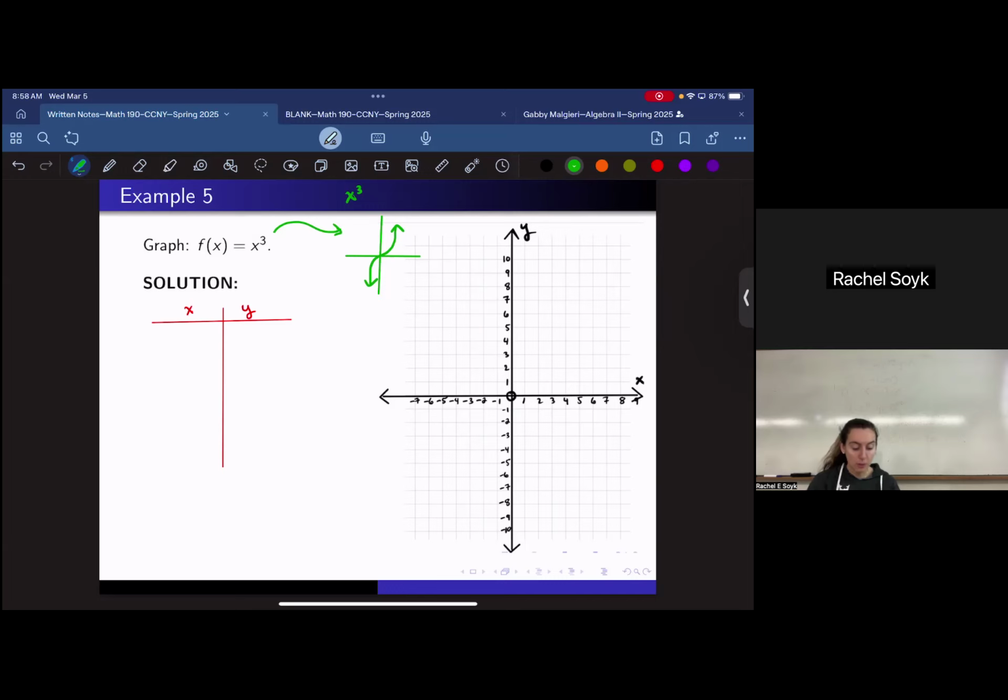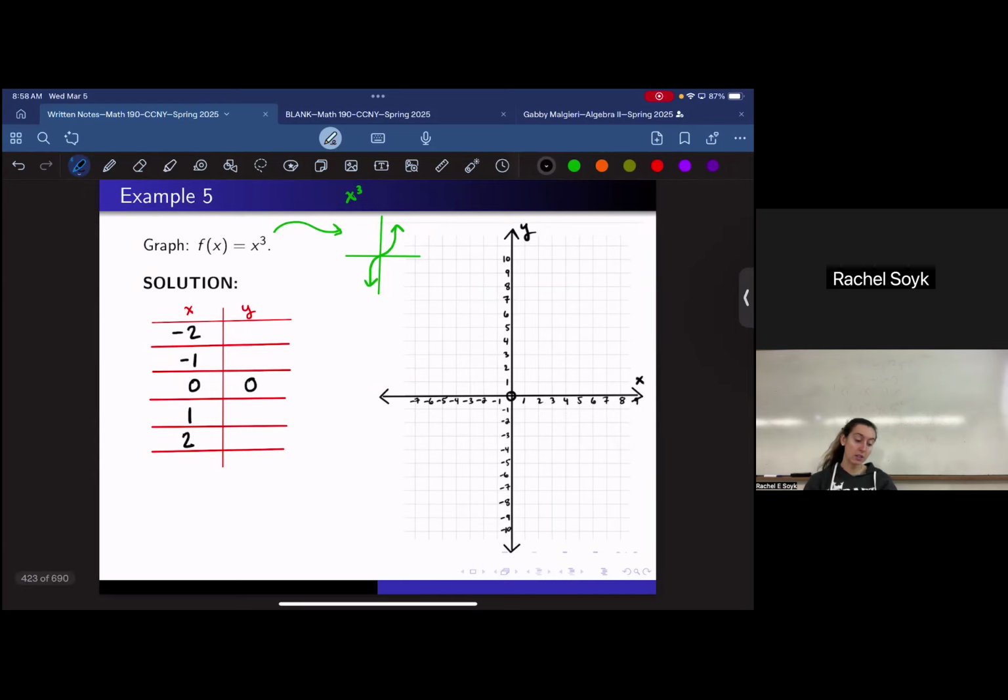But at this moment in your math career, you want to once again just pick good values so that you can graph the coordinate points and connect the dots. So once again, 0. I'm going to choose -1, +1, and then we'll once again do -2, +2.